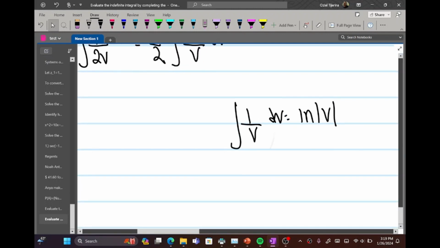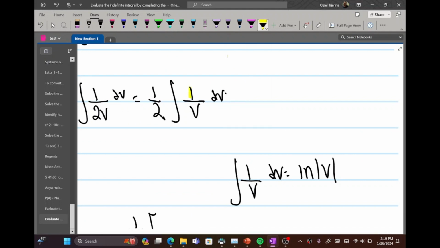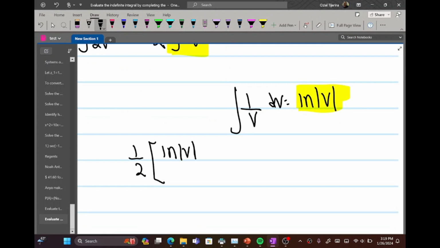So we can say that this is equal to 1/2 times, and for this part, I'll use this highlighter. This part, we're going to put in this. So we're going to put natural log of absolute value of v.